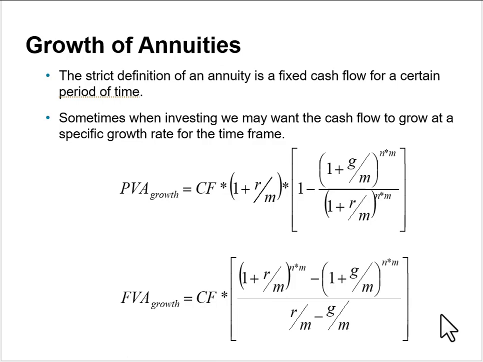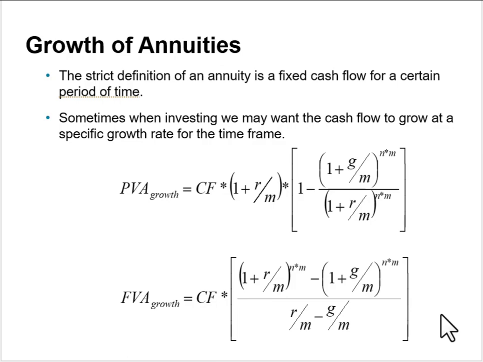So I know that if I retire when I'm 70, I've got 20 years to receive those cash flows. And the last year, those cash flows aren't going to buy as much as they're going to buy the first year. So I want to incorporate some growth into the payments.